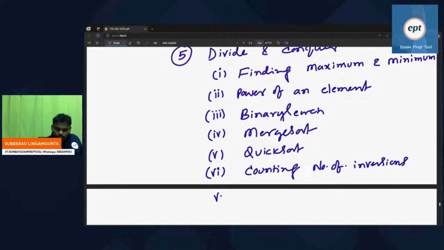Seventh one, maximum subarray finding, maximum continuous subarray sum.